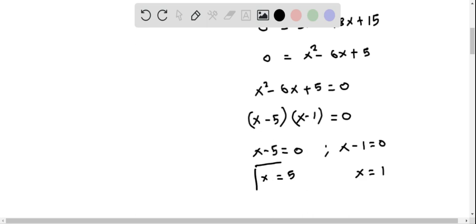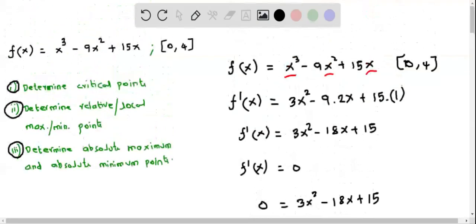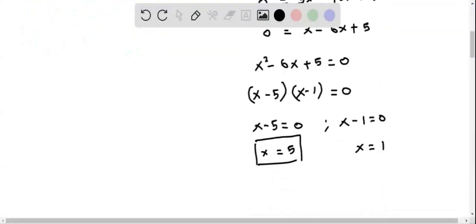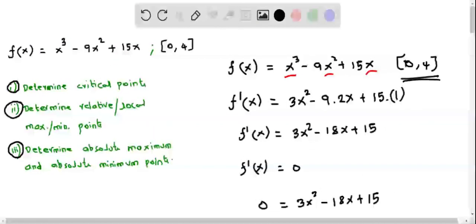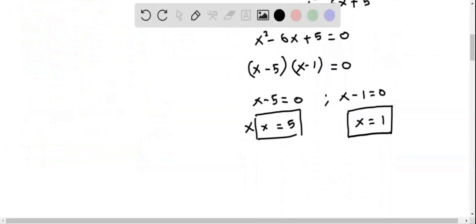But notice that x equal to 5 does not lie within the given interval [0, 4]. So we can ignore this point for this problem, and we consider the other point, x equal to 1, which lies within the interval [0, 4]. So basically we take only this point as the critical point of this function.